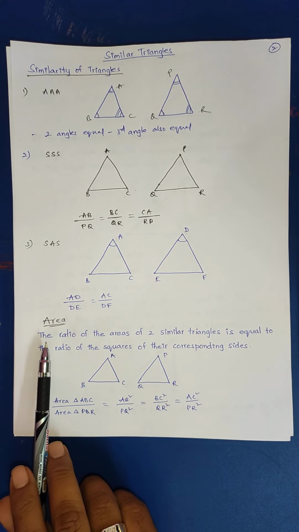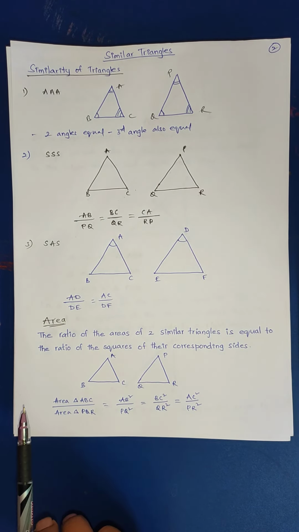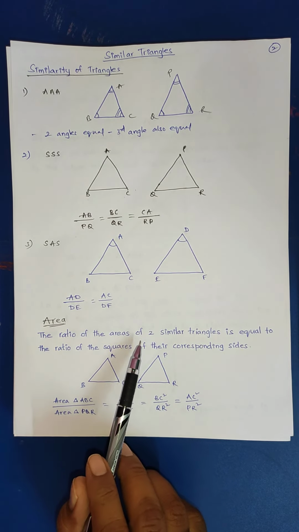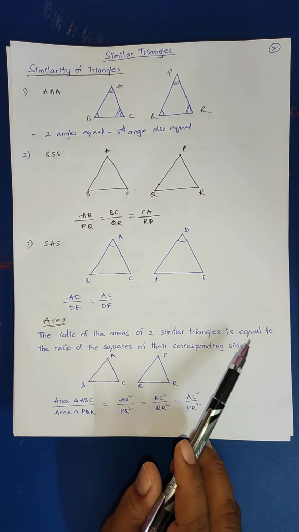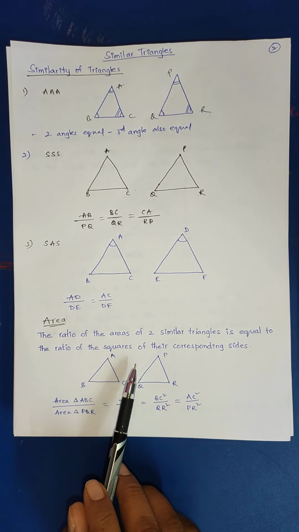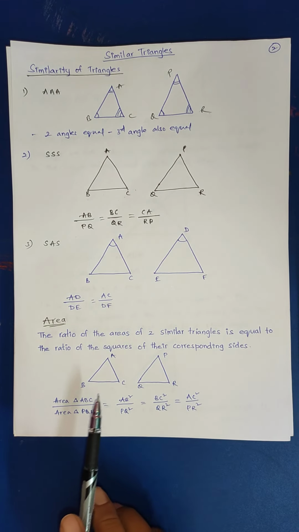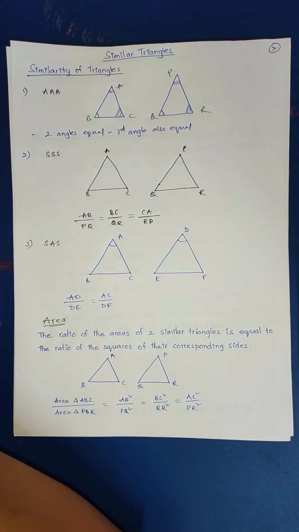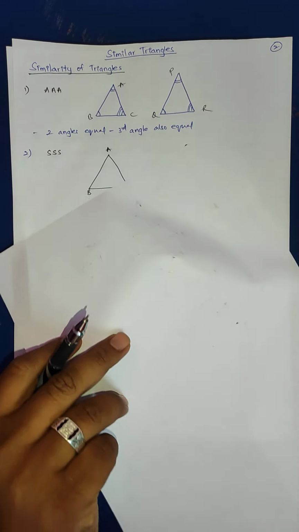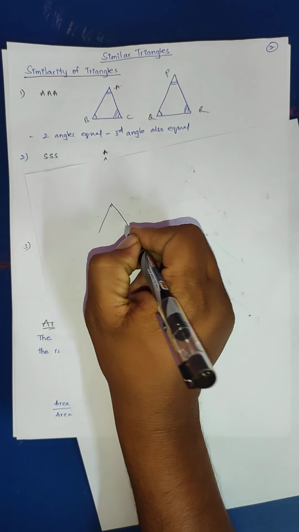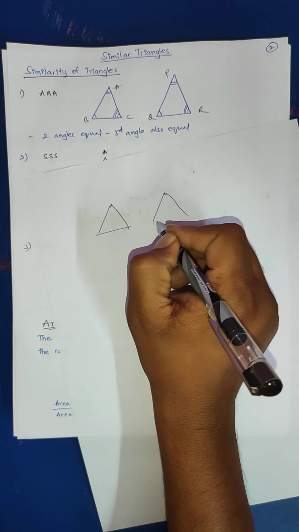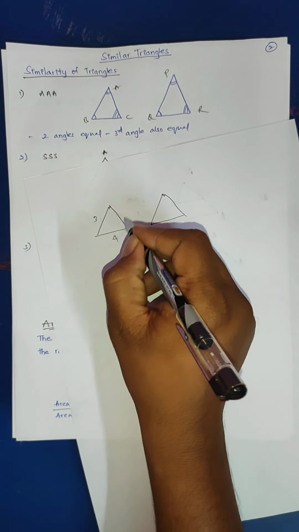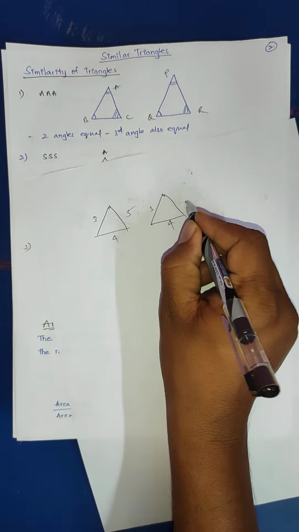Okay. Now, property about area. The ratio of the areas of two similar triangles is equal to the ratio of the squares of their corresponding sides. There are two triangles, suppose with sides 3, 4, 5 and 3, 4, 5.